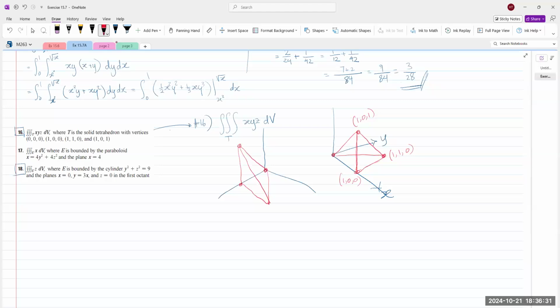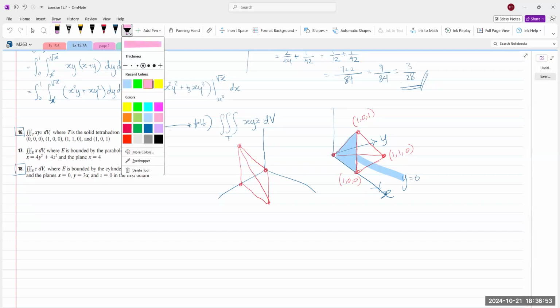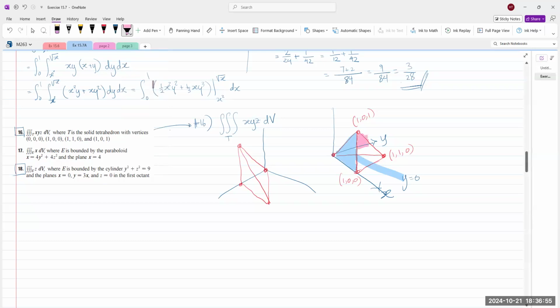The thing is, we need to find the equations for this though. The equation for this is just the xz plane, right? So y equals 0. That is y equals 0. How about this plane here? That is x equals 1.